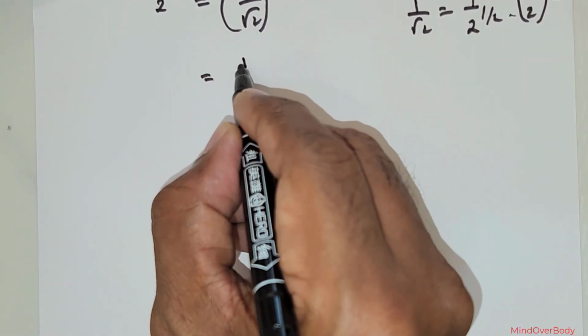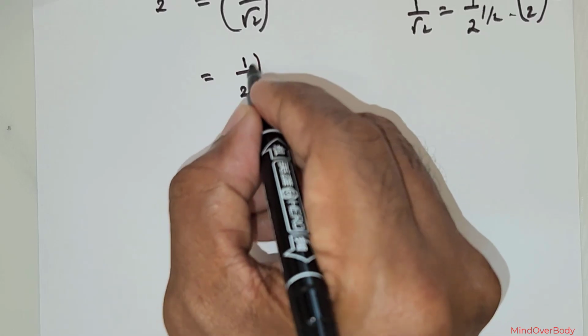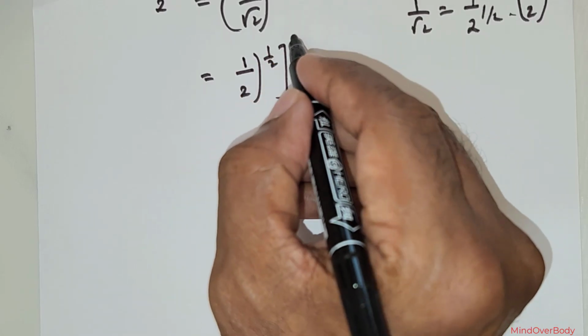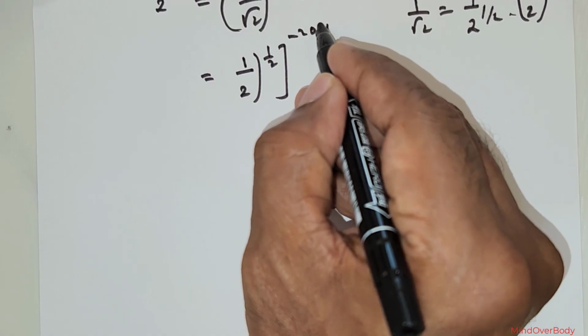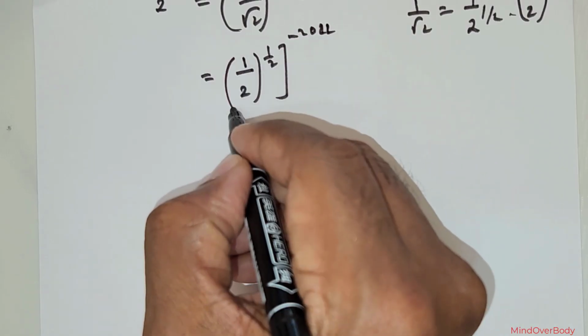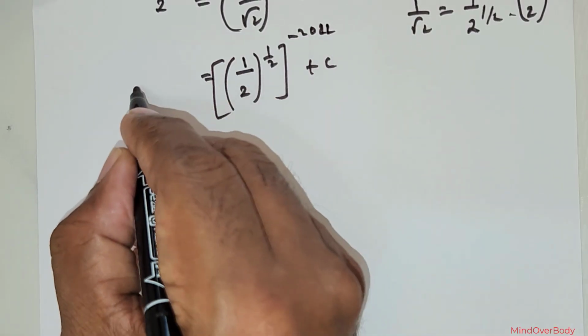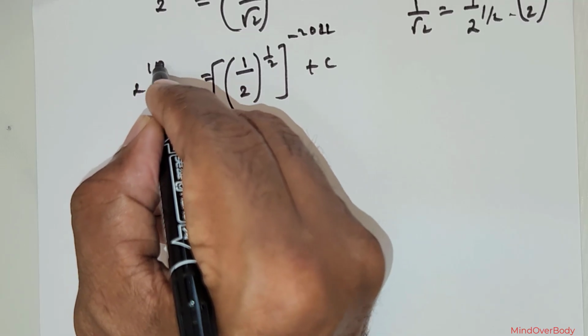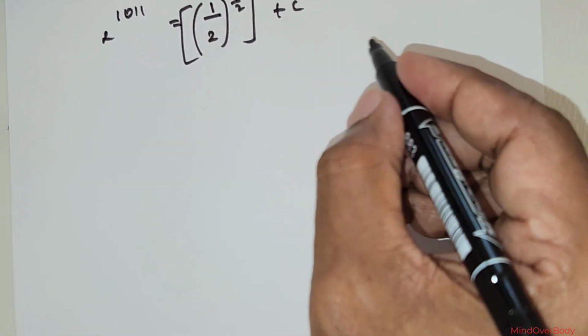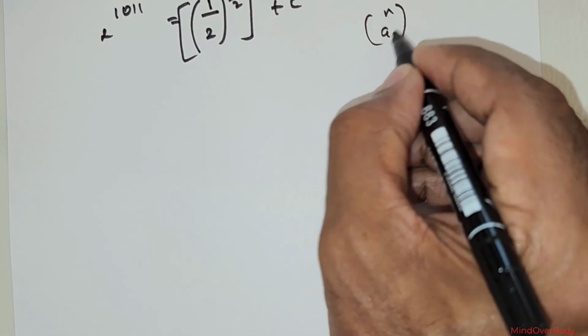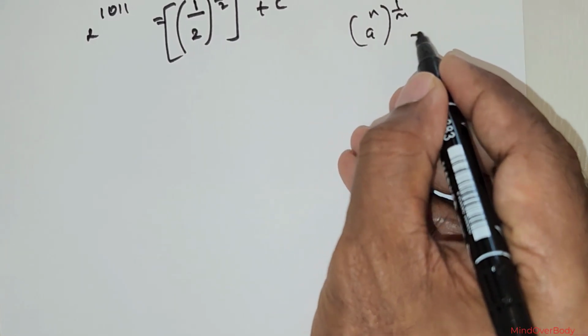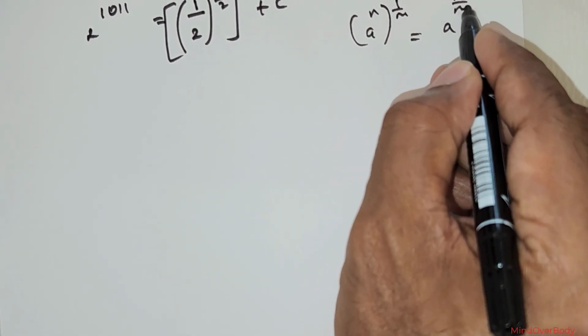So this is equal to 1 over 2 raised to the power of 1 over 2, but there is this negative 2022 there, plus arbitrary constant c. On the left we have 2 raised to the power of 1011. Now a raised to the power of n raised to the power of say 1 over m is equal to a raised to the power of n over m, right?